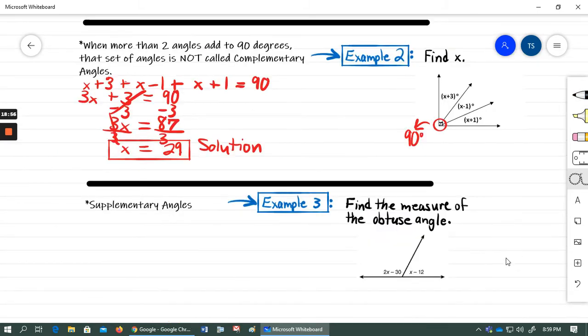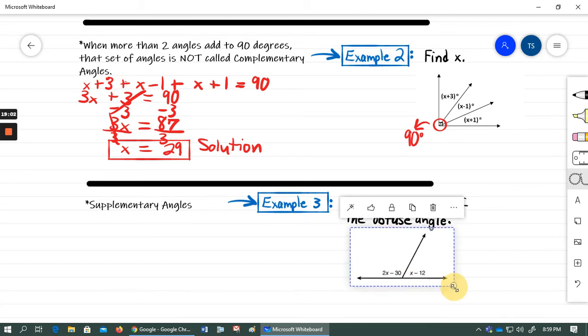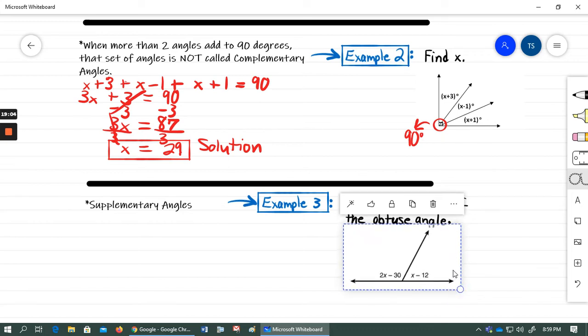All right, so let's look here at this third example. If you're looking at that diagram there, you can see that we've got two angles that are forming a straight line. It's a linear pair.